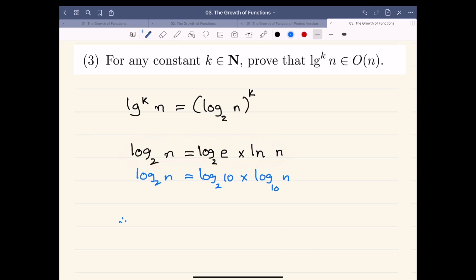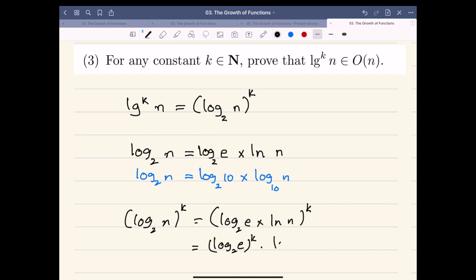So our target equation, log 2 of n raised to power k, when we substitute it by log 2 of e multiplied by ln of n raised to power k, is going to be equal to log 2 of e raised to power k multiplied by ln of n raised to power k.